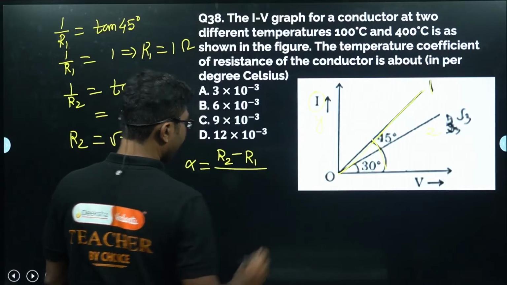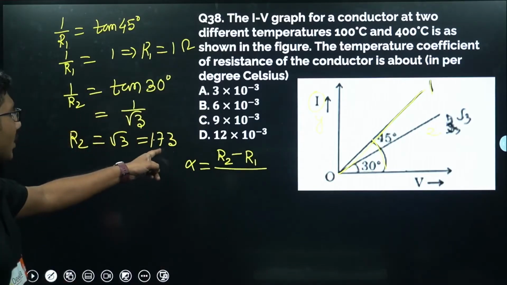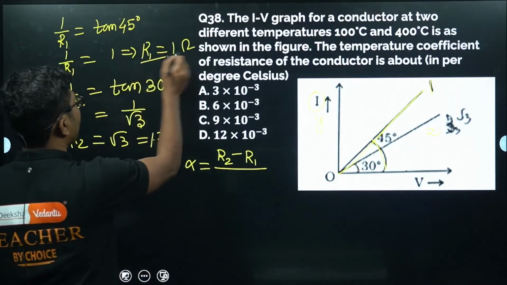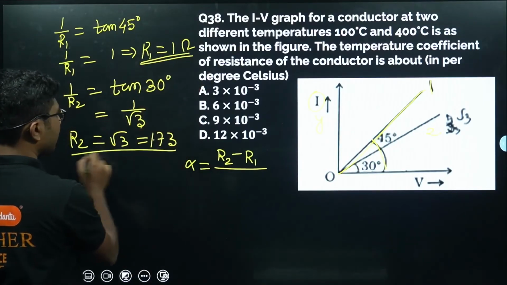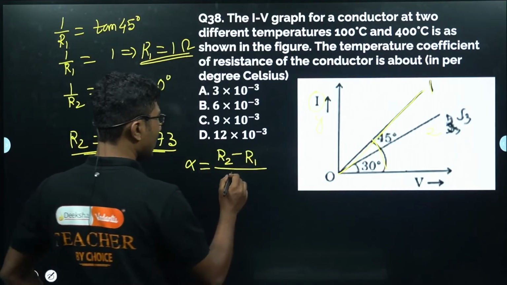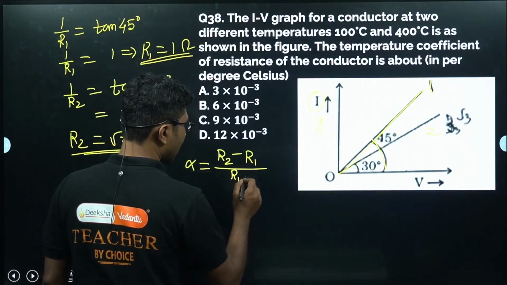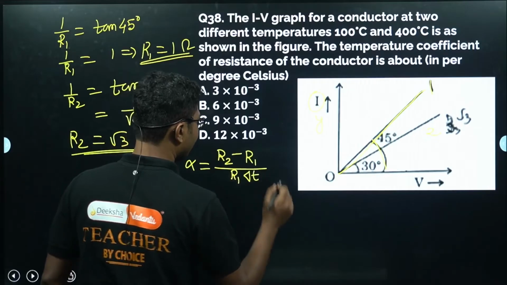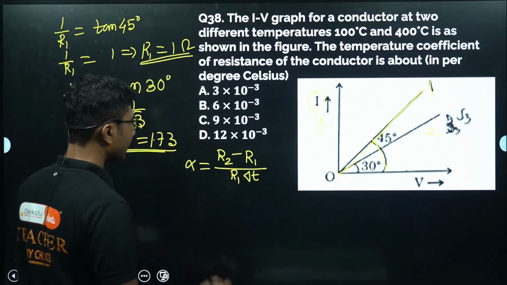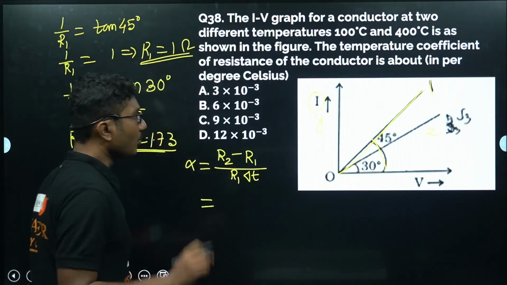Big resistance here is R2, as you can see 1.73, the small resistance is R1. So R1 is 1 ohm, R2 is 1.73 ohm, right? So big resistance minus small resistance divided by the small resistance times the temperature difference. This is the formula that you have to remember to calculate the temperature coefficient in one line.